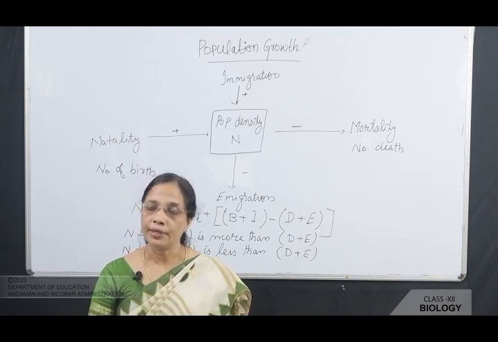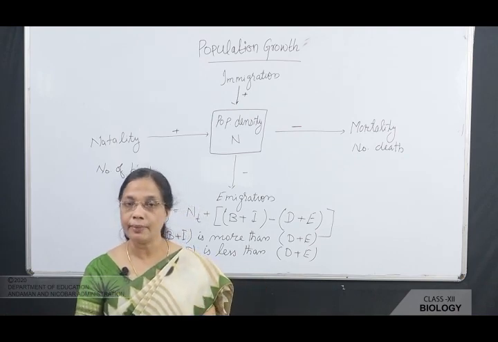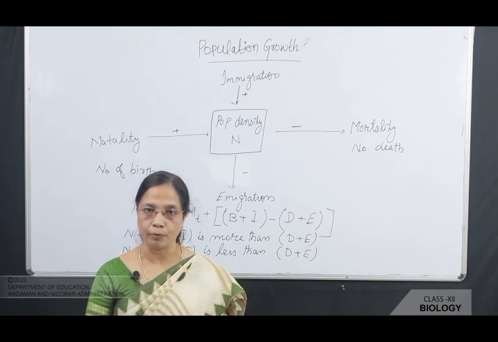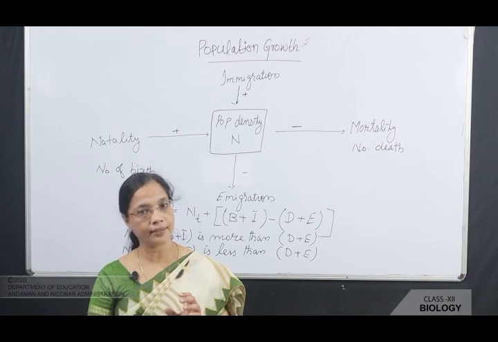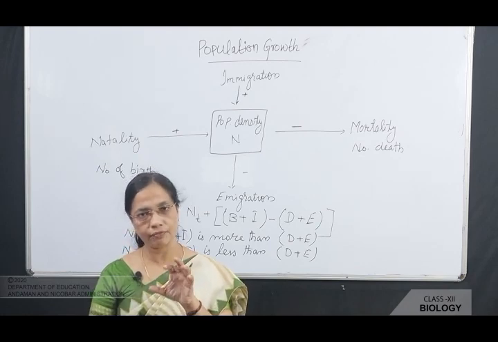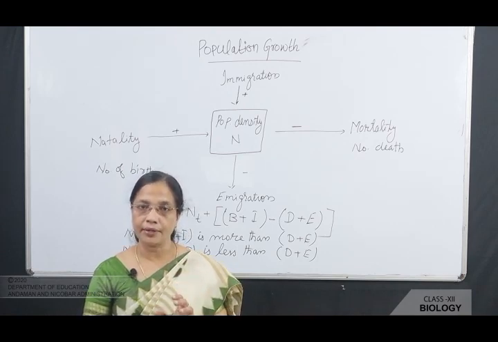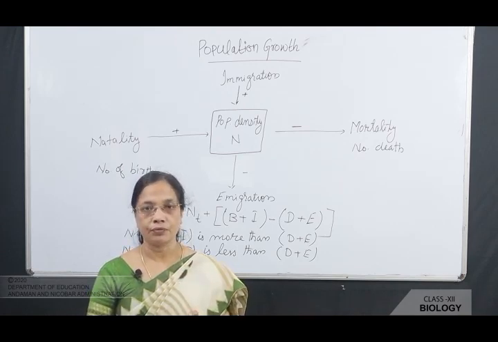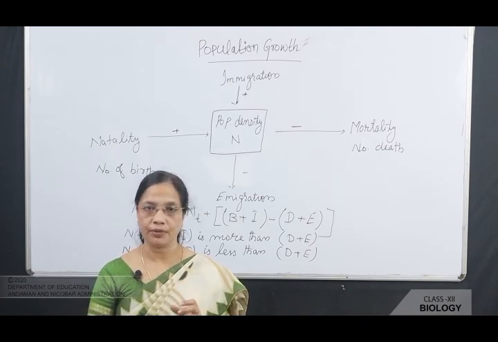Okay. So, next we have studied sex ratio. What is sex ratio? The percentage of male and female in a particular population. Next we have studied age distribution. In a population, we have seen that various age groups are found. It can be divided into pre-reproductive, reproductive and post-reproductive age.